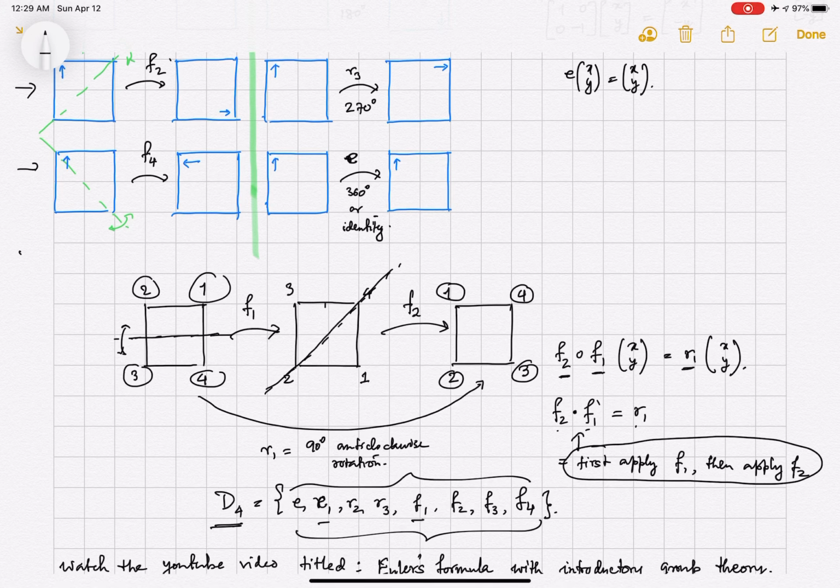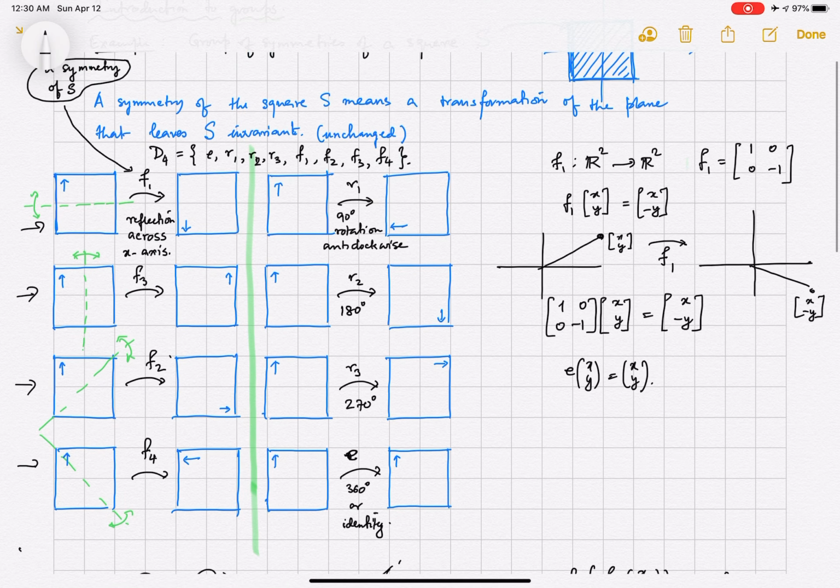Because we are thinking of them as functions, and when you apply a function, you write the argument, the thing that you apply the function to, on the right. So F2 circle F1 of (x,y) means F2 of F1 of (x,y). And that happens to be R1 of (x,y). And that is abbreviated by this equation.